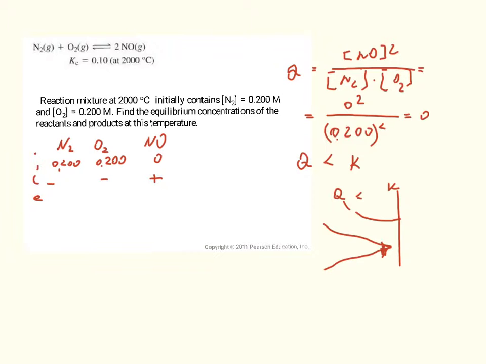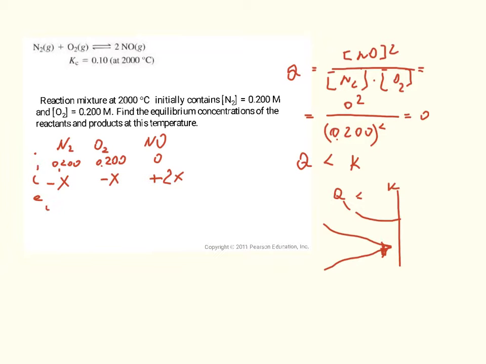We don't know how much this change in concentration occurred, but we can say let it be x. Let the change in concentration of nitrogen be x, and the same for oxygen because of stoichiometry, it's a 1-to-1 mole ratio. However, for nitrogen monoxide it's going to be 2x, again due to stoichiometry.